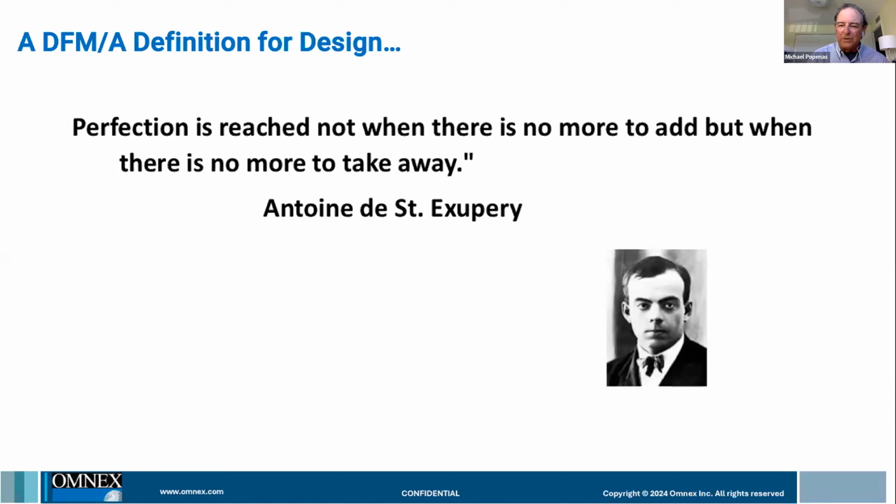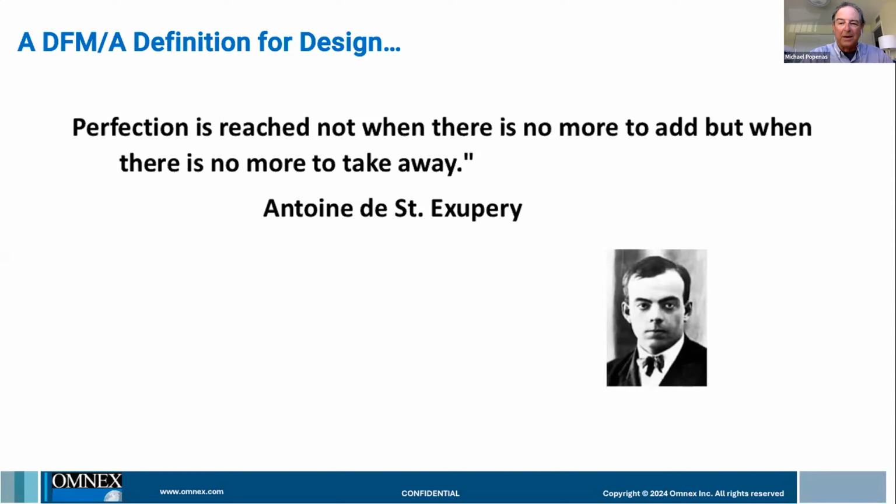I found this guy while researching, looking around for how to help get some thinking into our heads when we're going into an actual design effort in an implementation. I found this guy, Antoine de Saint-Exupéry. I was told how to pronounce that in one of my classes, but he said, perfection is reached not when there is no more to add, but when there's no more to take away.